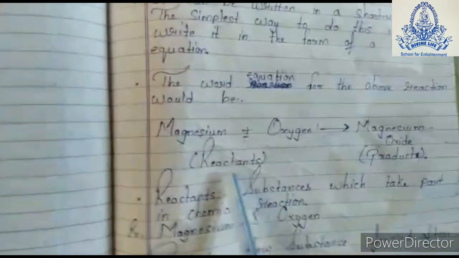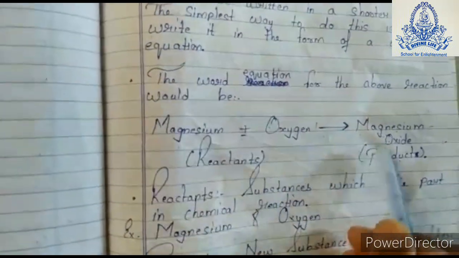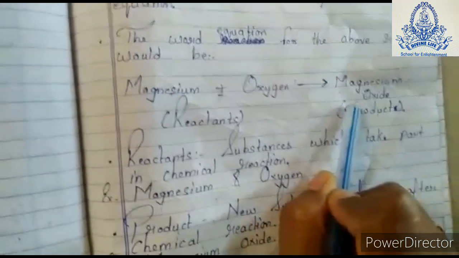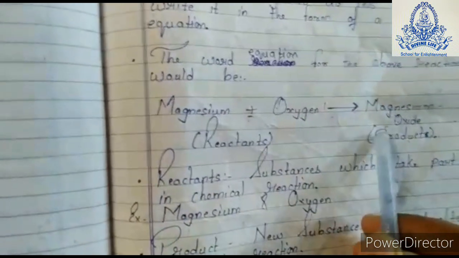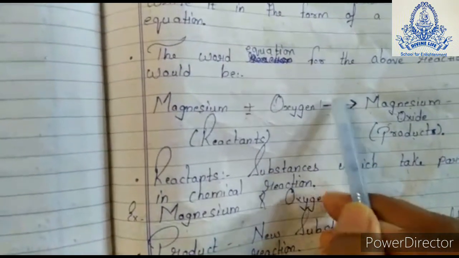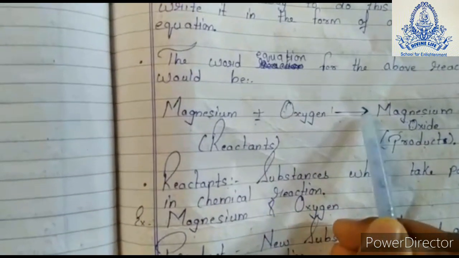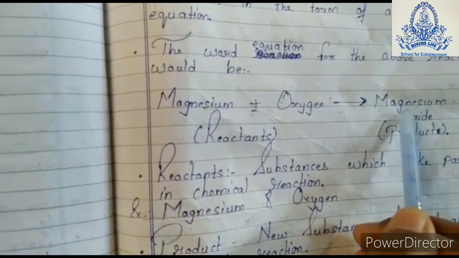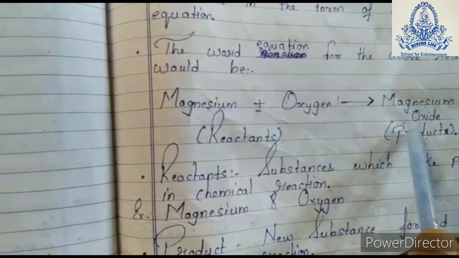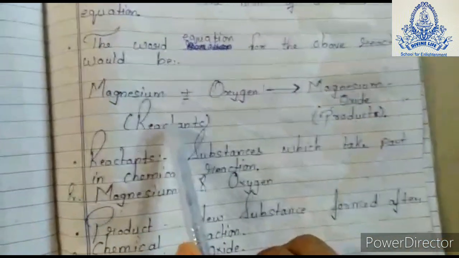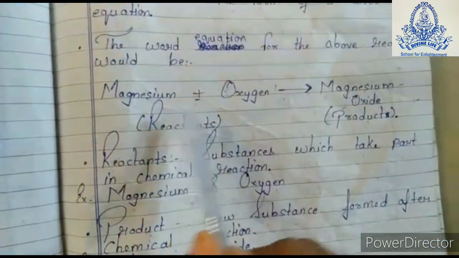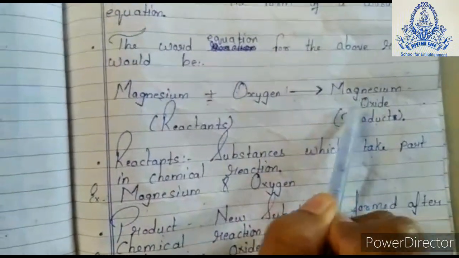Now, reactants are always written on left hand side, whereas the product is written on the right hand side. Between reactants and the product, an arrow is mentioned. This arrowhead is always pointing towards the product, and it also shows the direction of the chemical reaction. Now, what is the direction here? The direction is from reactants to the product.